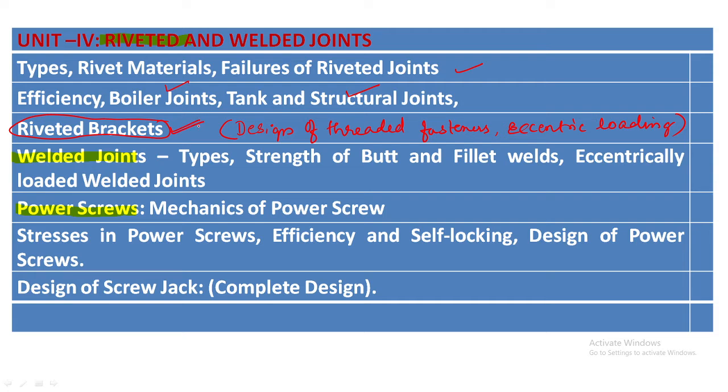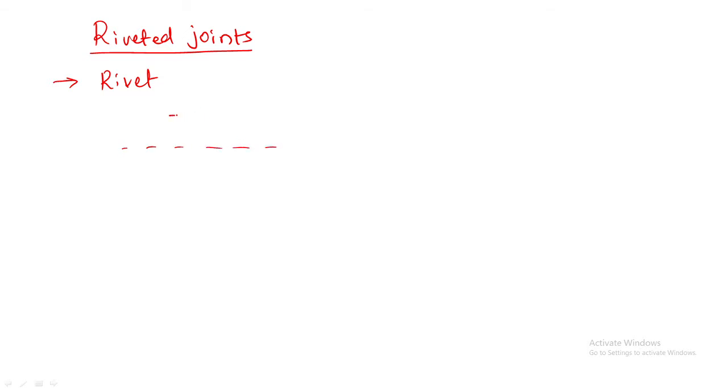Next, coming to the first chapter, riveted joints here. A rivet is a small element consisting of three parts. One is its head, another is its body, and another is its tail portion.